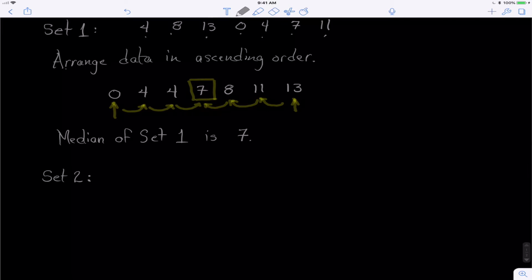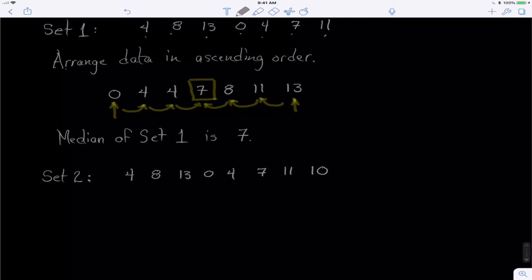How about 4 and 8, maybe a 13, 0, 4, 7, 11, and 10. And notice that set 2 isn't much different than set 1, only by that last number.